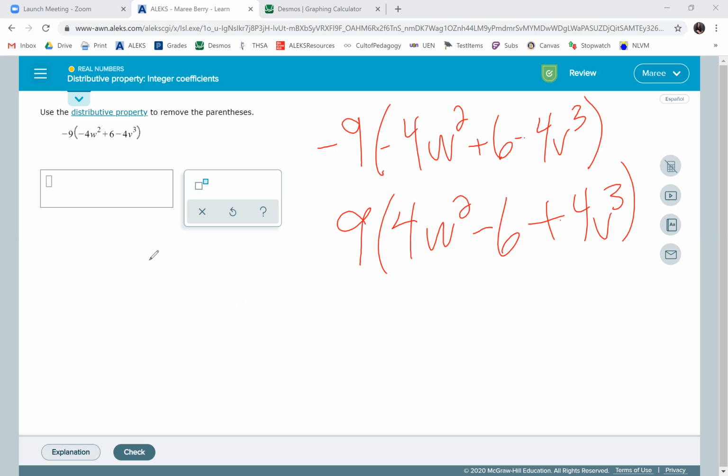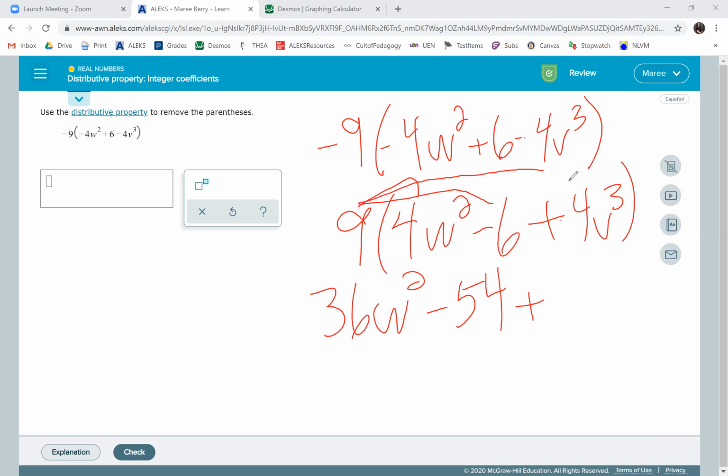There we go. Now I can take my 9, times it by 4w squared, so 36w squared. I have my minus sign. 9 times 6 is 54. A lot of times people will times the 9 by the first and then forget to times it by each of the others. But you have to take 9 times each of those. So 36v cubed.